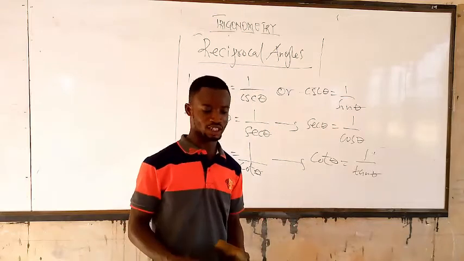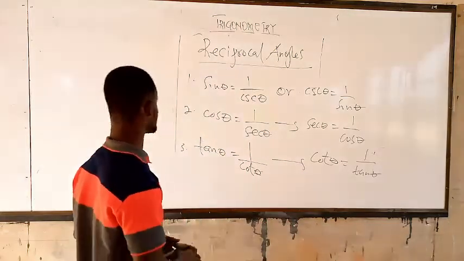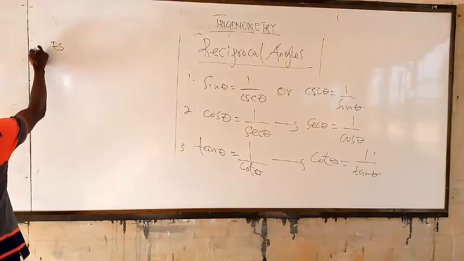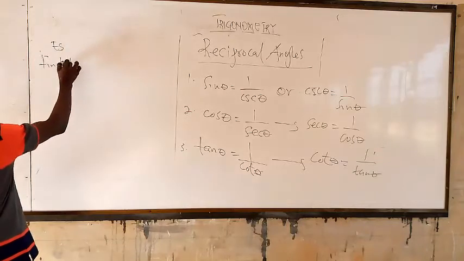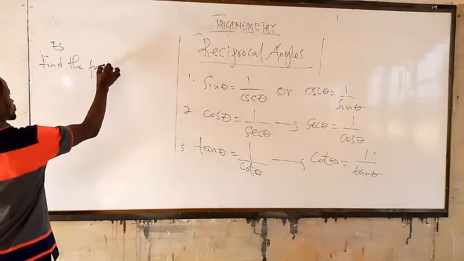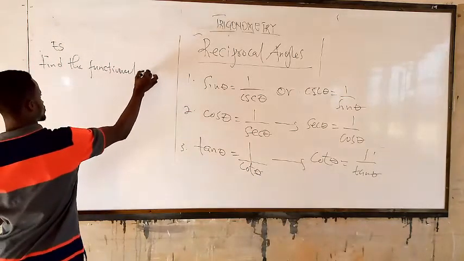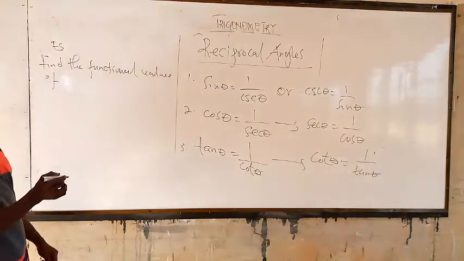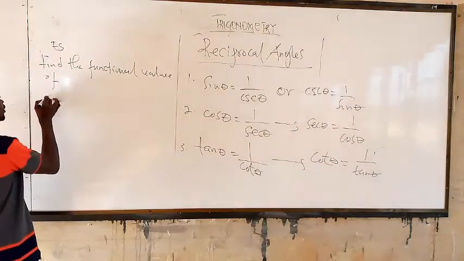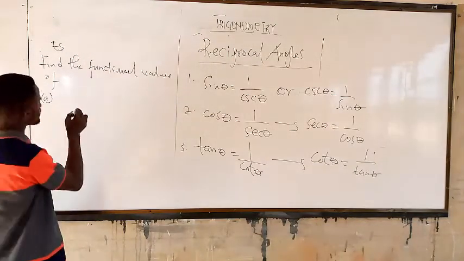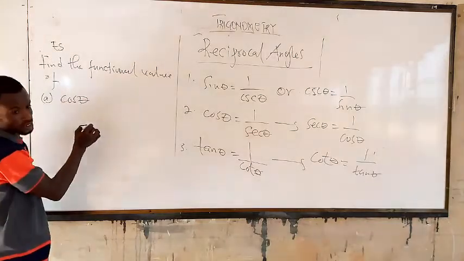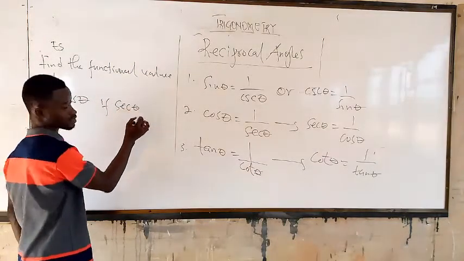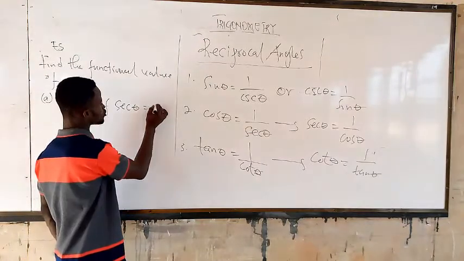Find the functional value of: A, cos theta if sec theta is equal to 5 over 3.